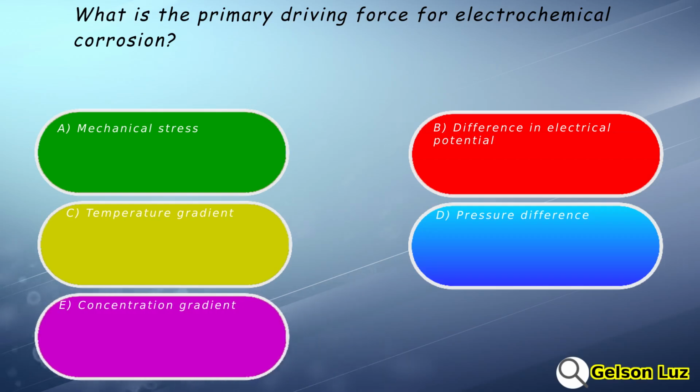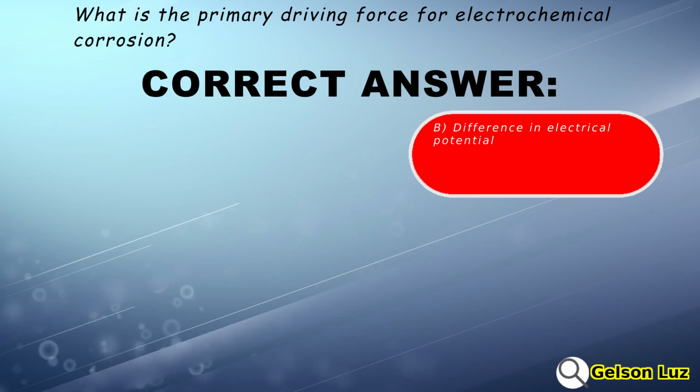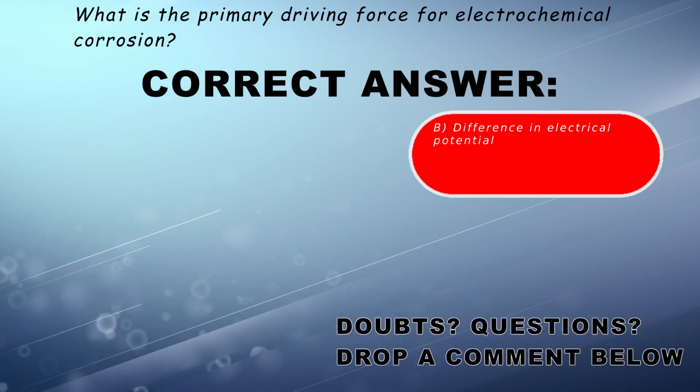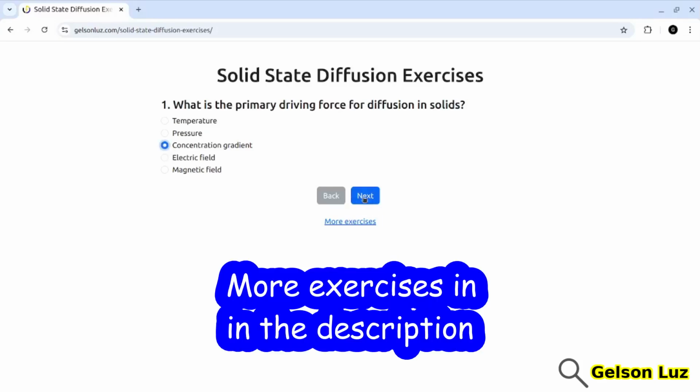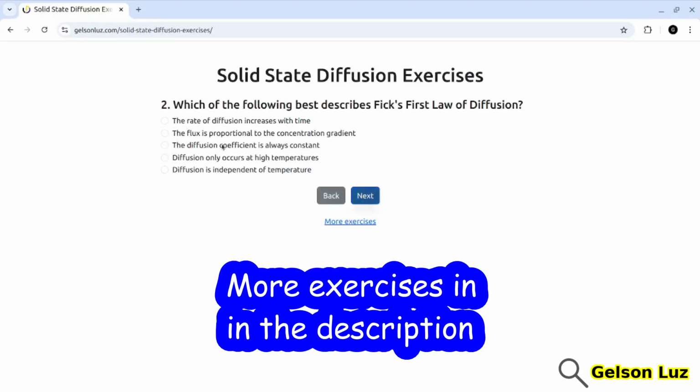E. Concentration gradient. The correct answer is B. Difference in electrical potential.